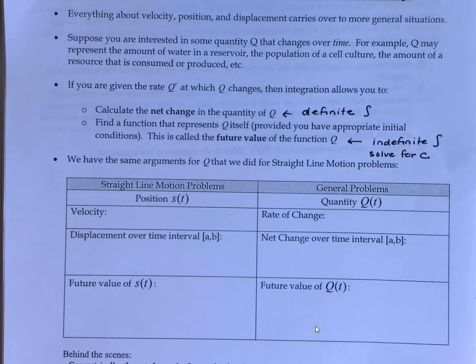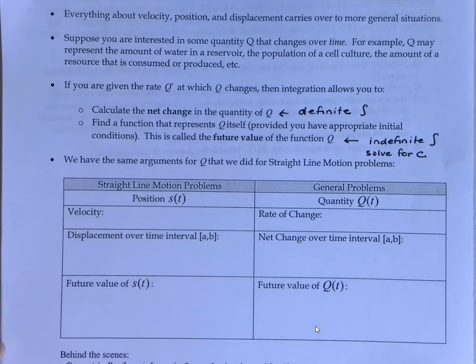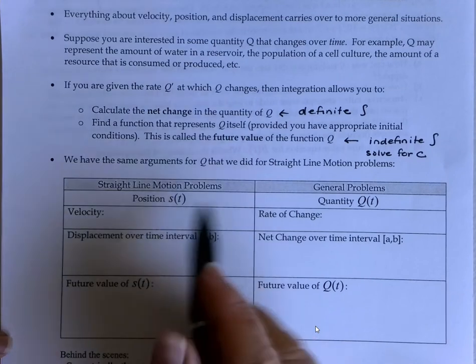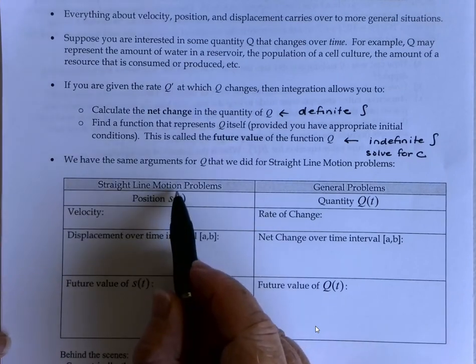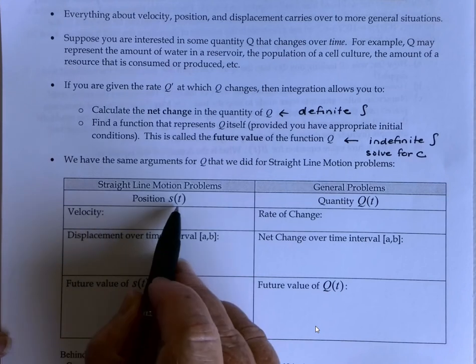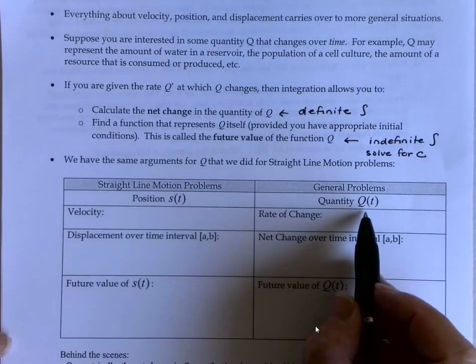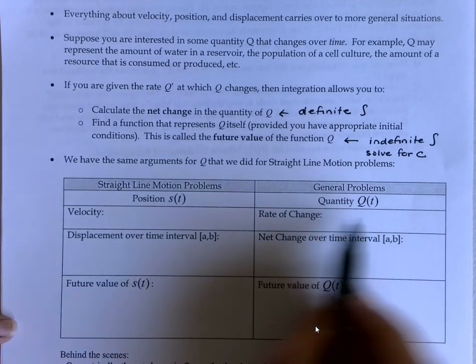Just to look at the comparison between what we've been doing and this generalization, take a look at this little table. Our straight line motion problems, the quantity that we were basically working with was a position function, S of t, as opposed to the general problem where we're just saying Q represents some quantity.